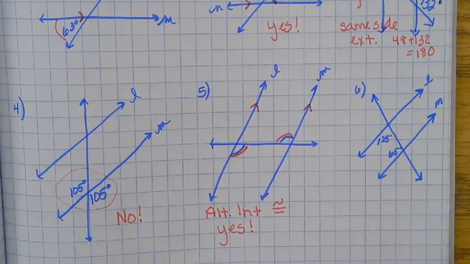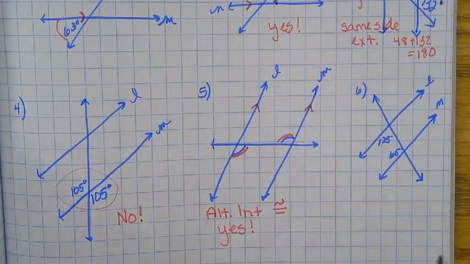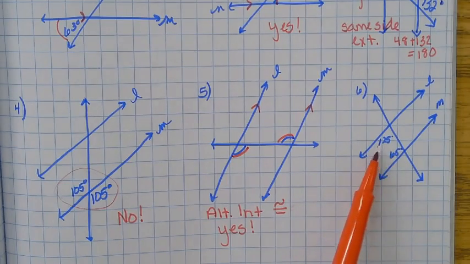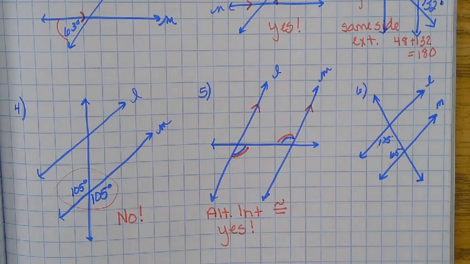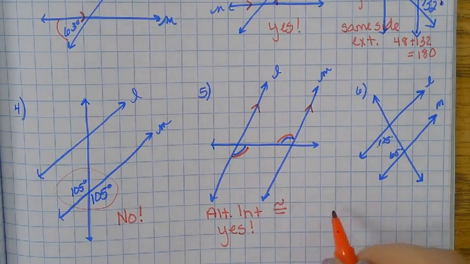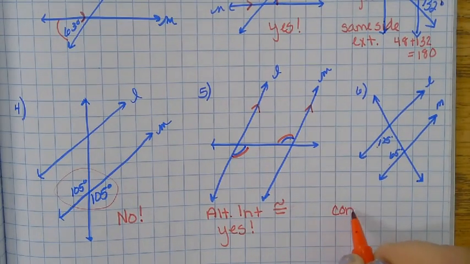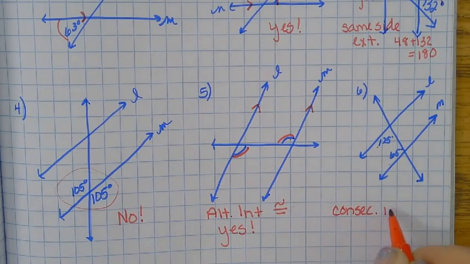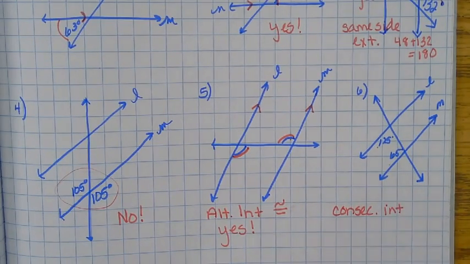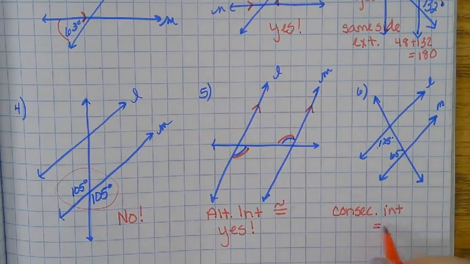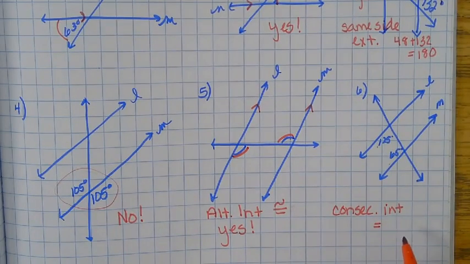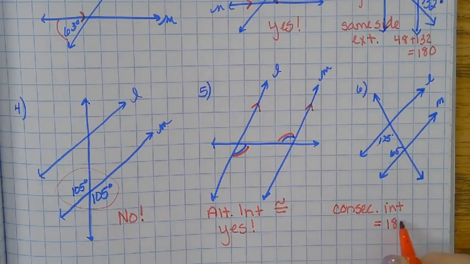Okay, the last one along this line, that's 125 and 65, right? And what kind of angles are those? Consecutive interior or same side interior. And they're supposed to be equal or have a sum of 180? 180.